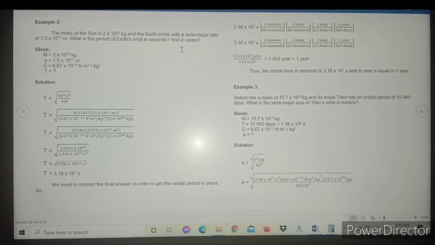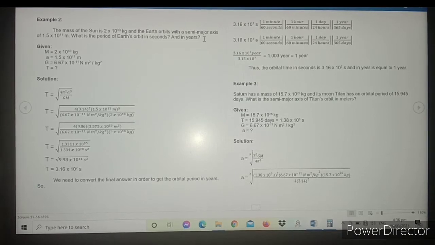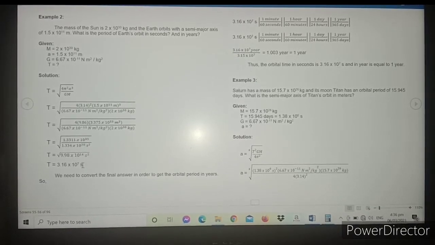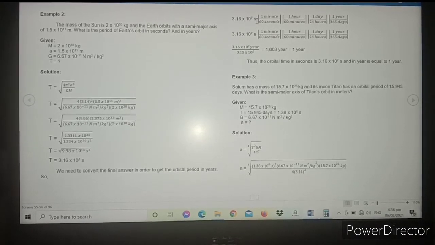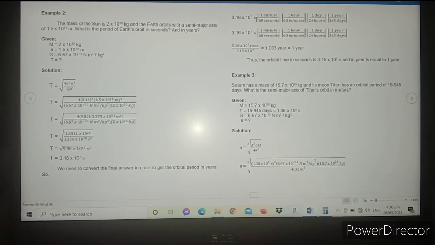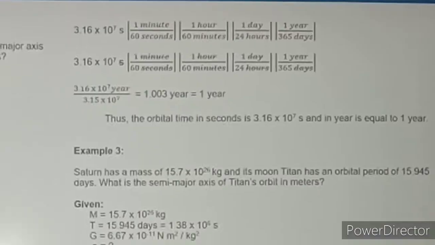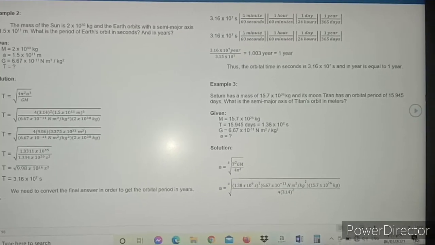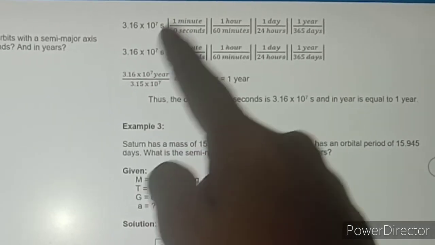But still, we need to look for the period of Earth's orbit in years. Okay? So, using this final answer, 3.16 times 10 raised to 7 seconds, we need to convert it into years. We need to convert the result of our answer into year. Okay? So, that's why we have 3.16 times 10 raised to 7 seconds.